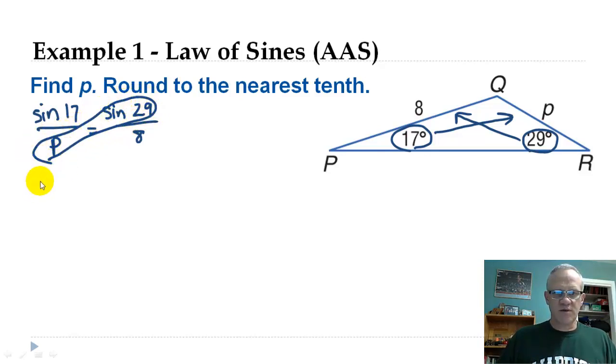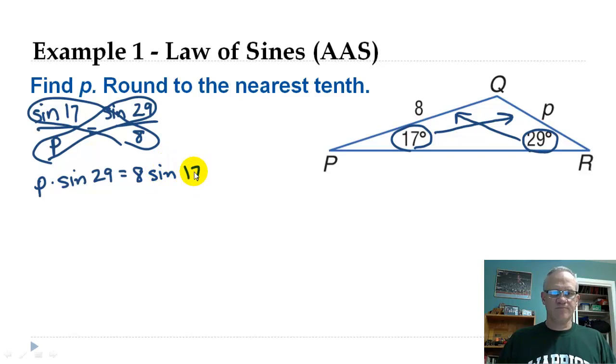So I'm going to go P times the sine of 29 will equal this cross product, 8 times the sine of 17. Now, if you remember from what we've been talking about in the last section or two, the sine of 29 is just a number, and it's being multiplied by P. So anytime you have a number times P, you can just divide by that number to get rid of it.